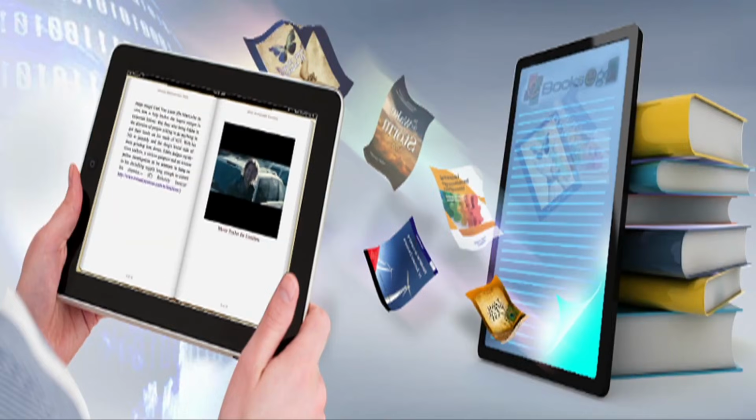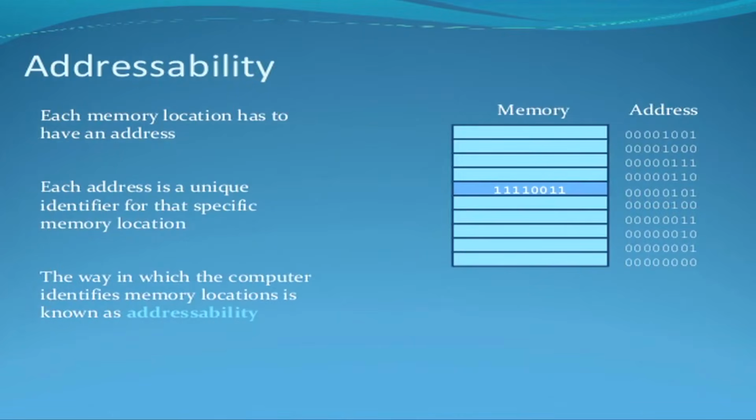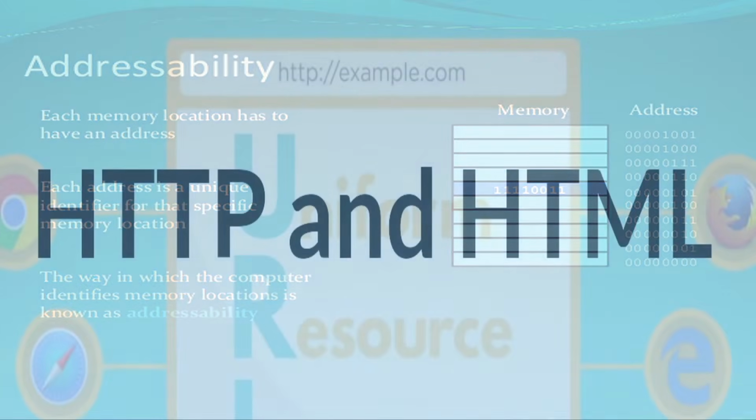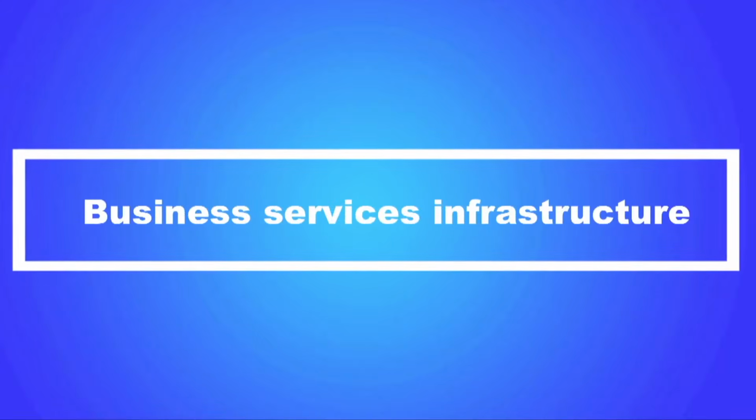The electronic publishing layer is concerned with some of the issues solved by TCP/IP for the internet part of the NII layer. There is still a need to consider addressability, that is a URL, and have a common language across the network, that is HTTP and HTML. However, these are built upon the preceding layer in the case of a URL or at a higher level in the case of HTML.